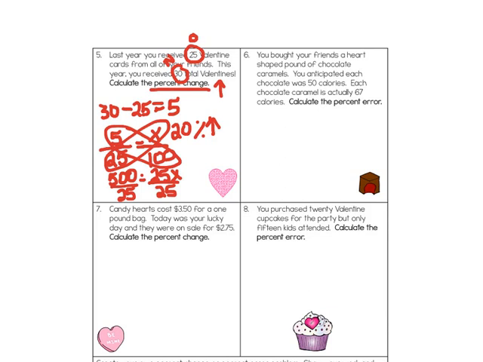Okay. You bought your friends a heart-shaped pound of chocolate caramels. You anticipated each chocolate was 50 calories. Each chocolate caramel is actually 67 calories. Calculate the percent error. Okay, so we have the 50 calories was what the anticipated was.